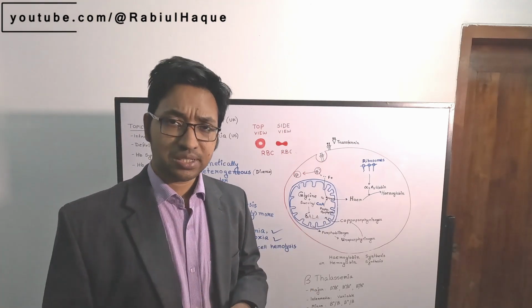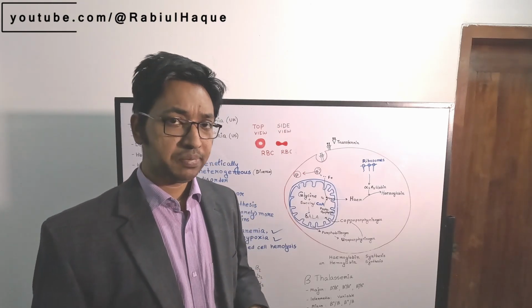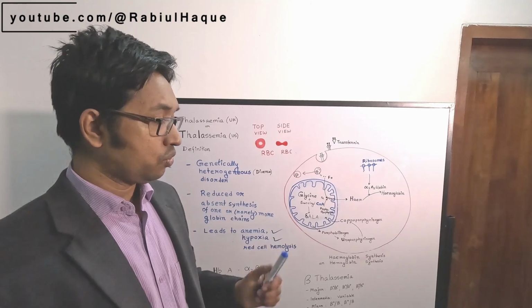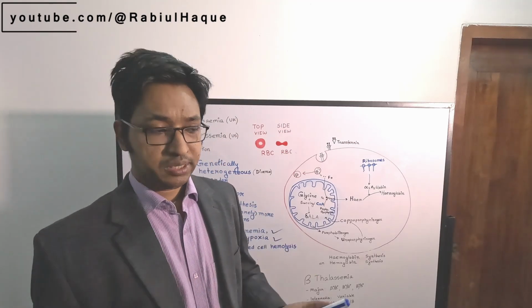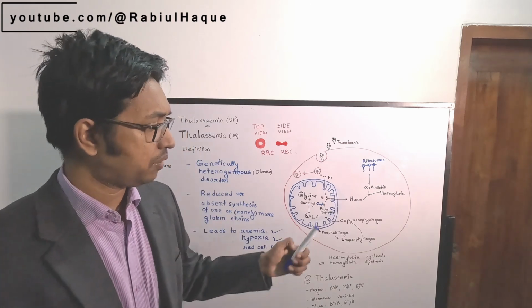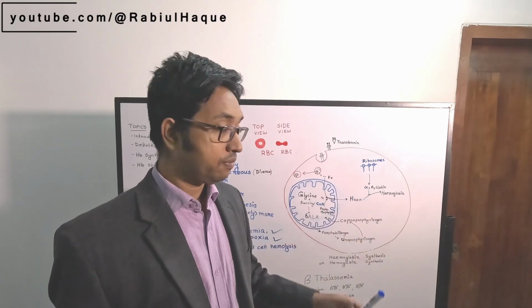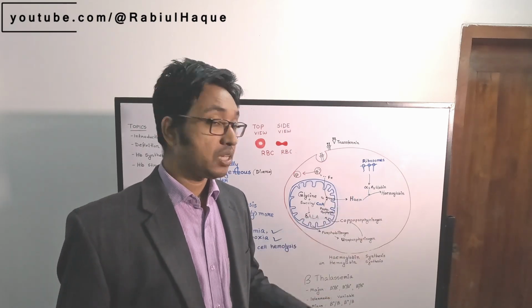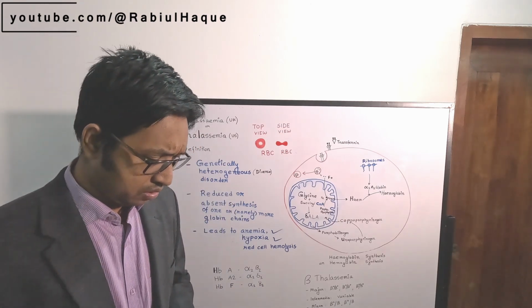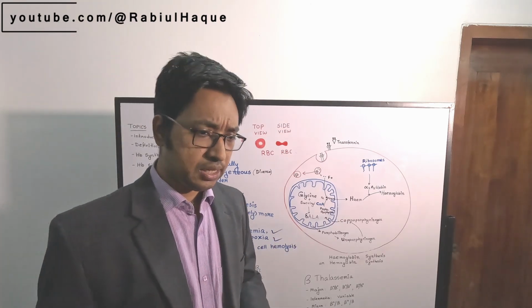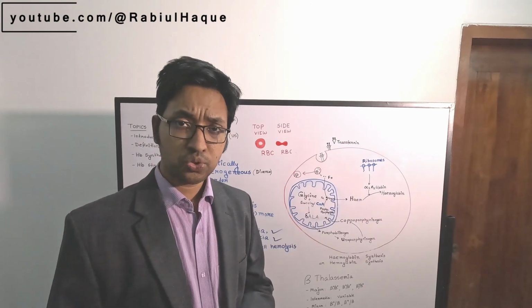This is very interesting. I have already mentioned in thalassemia, one type of globin chain is reduced or sometimes absent. For example, if we are talking about hemoglobin A, we have 2 alpha and 2 beta globin chains in hemoglobin A. Now let's suppose that in that person beta chains are not produced.